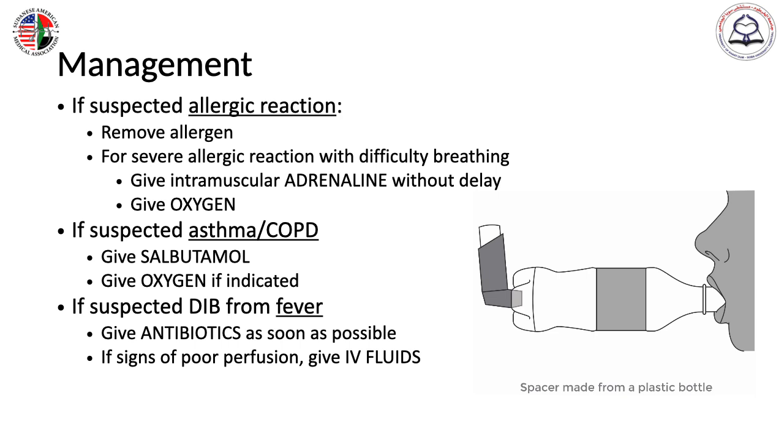And those with difficulty in breathing and fever, if you are suspecting pneumonia and sepsis, they need fluid resuscitation, and if they are hypoxic, they need oxygen. Early use of antibiotic is important to control sepsis.